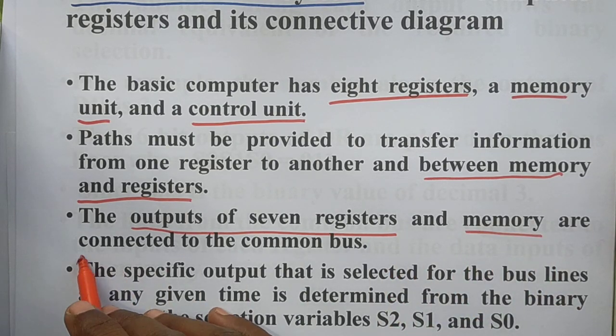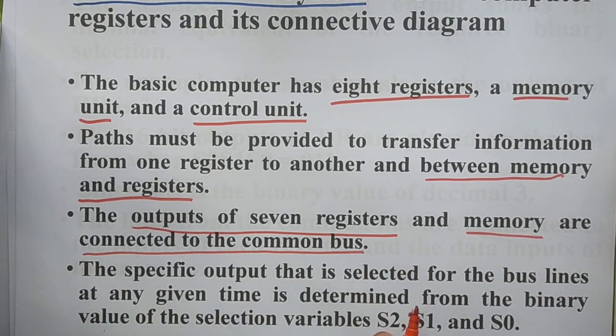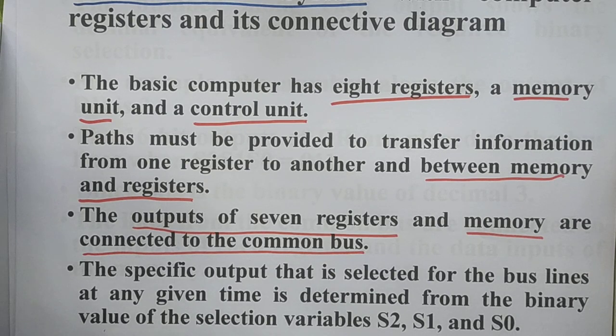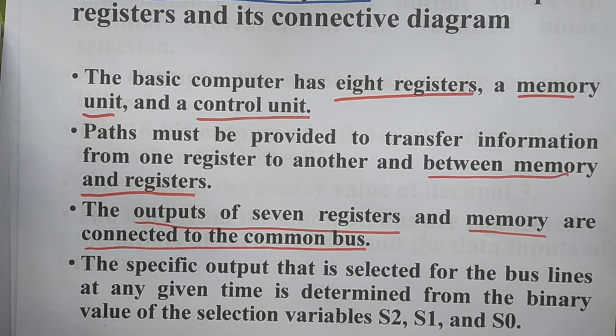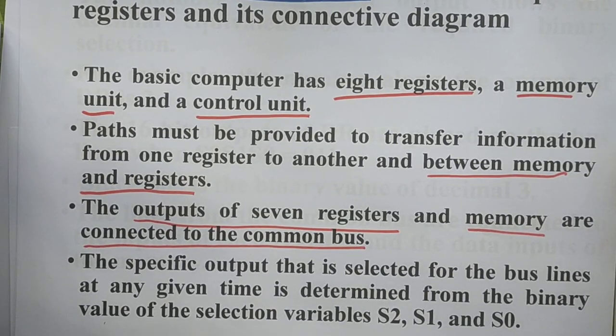Those which are connected to the common bus have some specific output selected for the bus lines, which is determined through some binary value, selected by selection variables, that is S0, S1, S2.